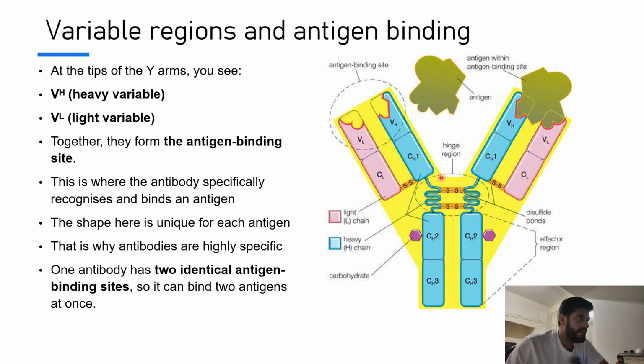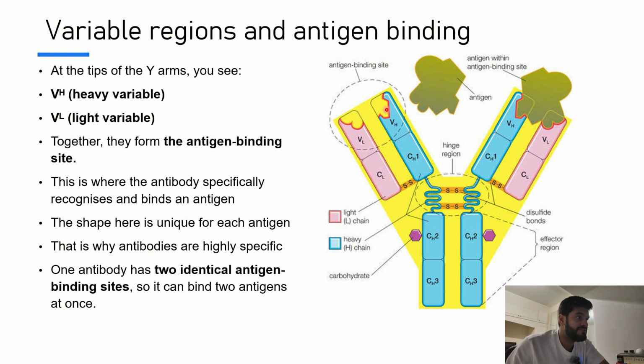Okay, so variable region and the antigen binding. The variable region is right at the tip of the antibody, and it consists of 1 variable light chain and 1 variable heavy chain. And this can change its size and shape according to the antigen.